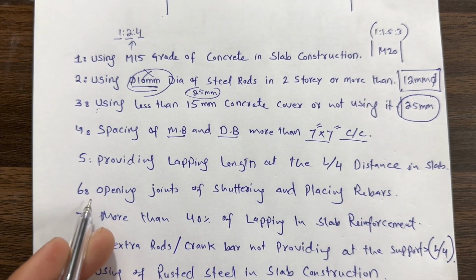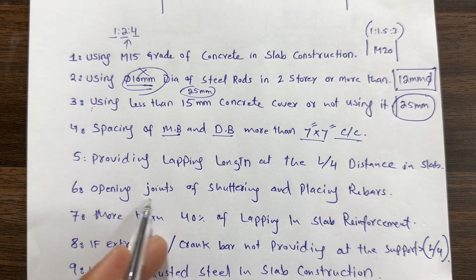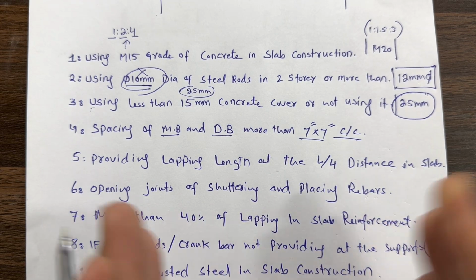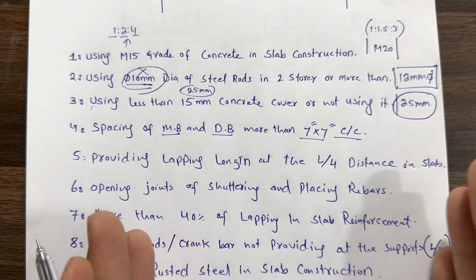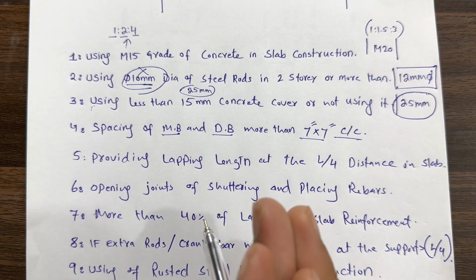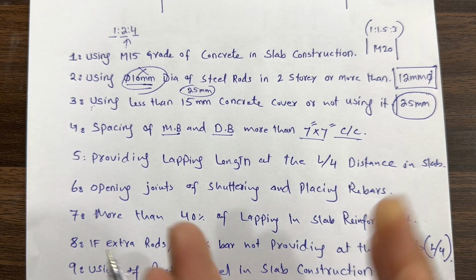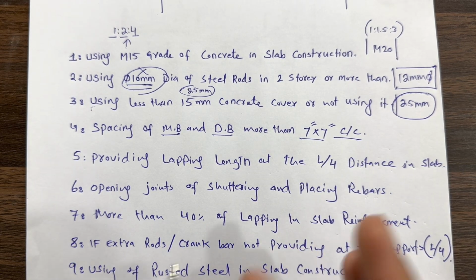The sixth one is, guys, opening joints of the shuttering and placing rebars. As you know, we use wood or ply to make the formwork or shuttering. Between that ply we have joints.